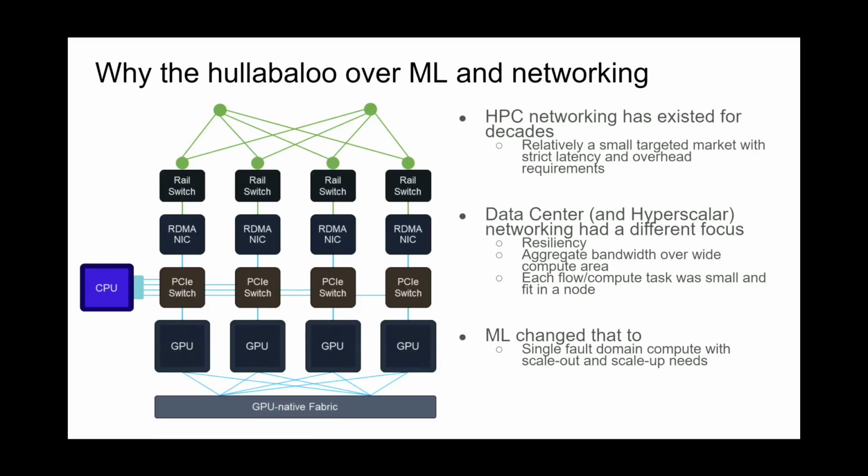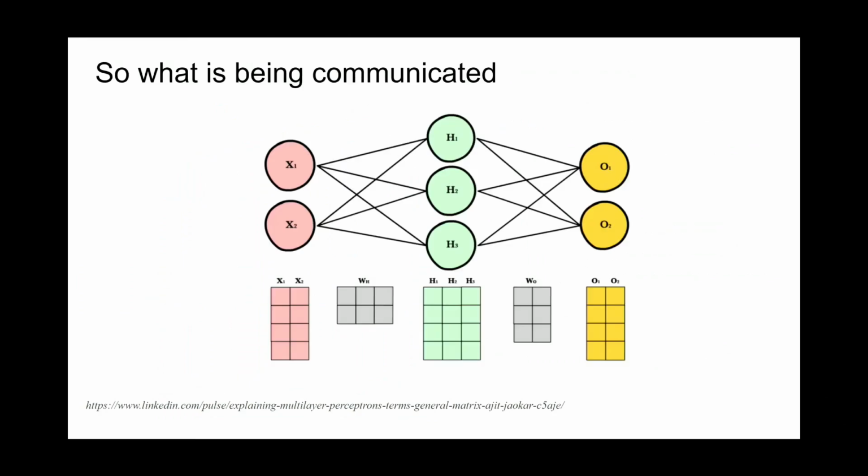In fact, failure is built into the system. A machine learning network, which would comprise millions of endpoints that look like this, is trying to build a single fault domain and aggregate all the bandwidth at the same time, which is an interesting problem to solve. So what is being communicated?